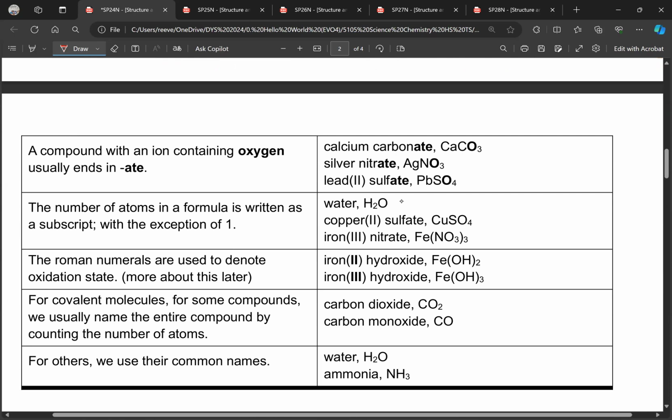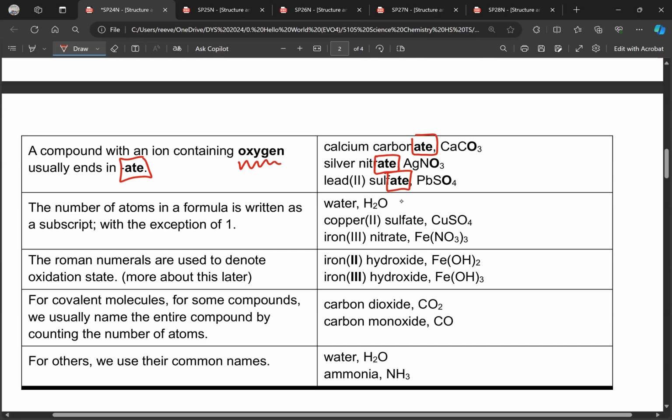So sometimes, other than the IDE, you have an ATE at the back, like carbonate, nitrate, sulfate. What does that mean? It means there's oxygen in the compound. Oxygen is one of the elements chemically combined to form the compound.